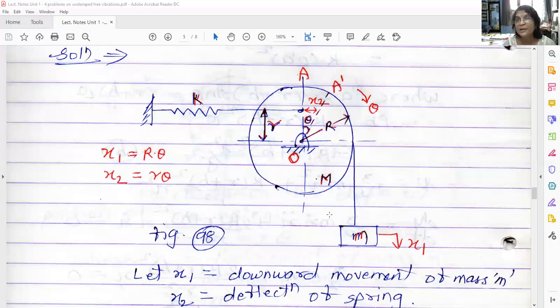Understood? So here there is a x1, there is a theta, there is a x2. So x1 is the displacement of mass m, theta is the angular displacement of a disc or pulley, and x2 is the displacement of the spring. And all these three are connected by this equation. x1 is equal to capital R theta and x2 is equal to small r theta. Okay.